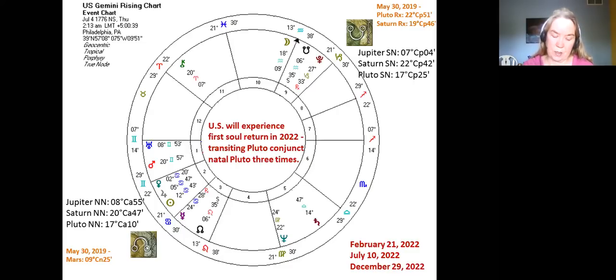However, I think just the conversations that will go on on the debate stages will start moving us forward progressively one way or another. Stay tuned. We'll see. Time will tell.